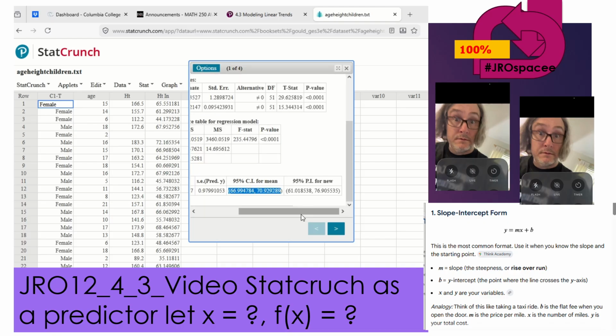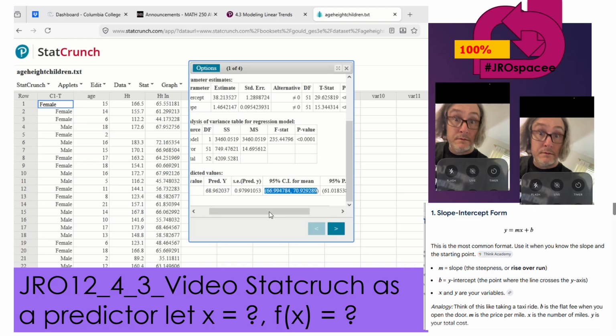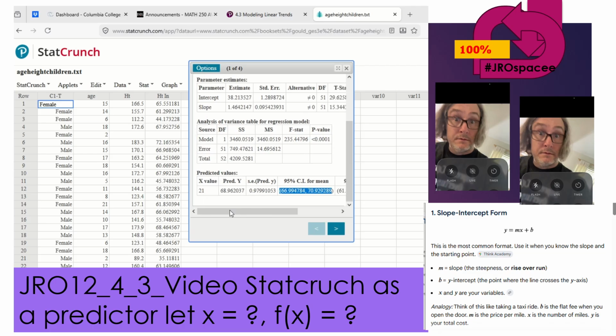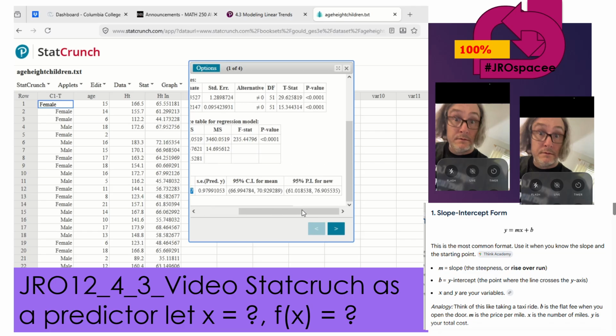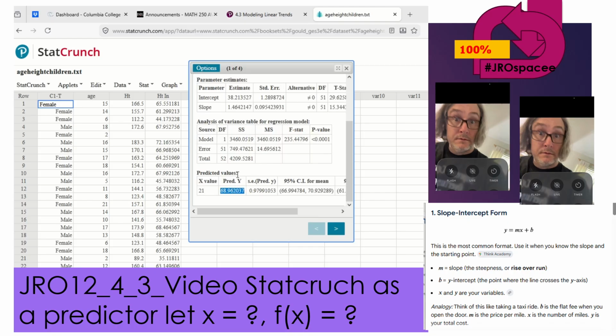Yes. That's pretty tall, right? Pretty tall. But that's what it says. I'll double check on that.